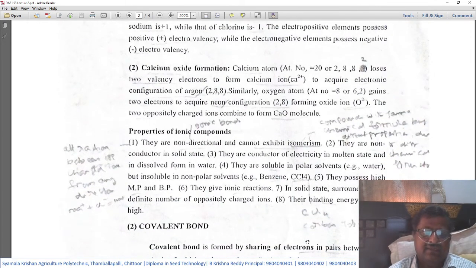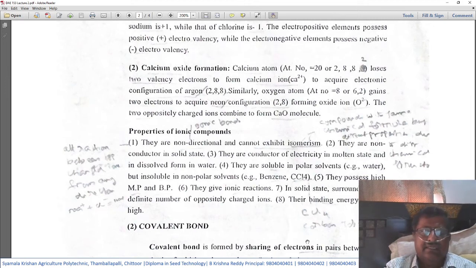Number one, they are non-directional and cannot exhibit isomerism. For example, calcium oxide or sodium chloride. These are the ionic compounds. These will have nearly 8 properties which are indicated here.